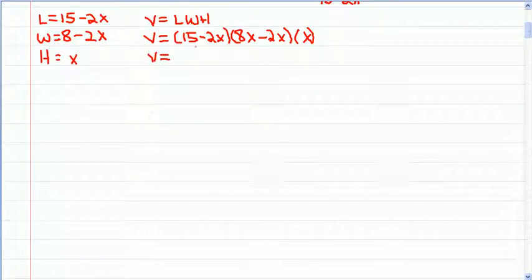So to find the volume, I'm first going to FOIL 15 minus 2x times 8 minus 2x.